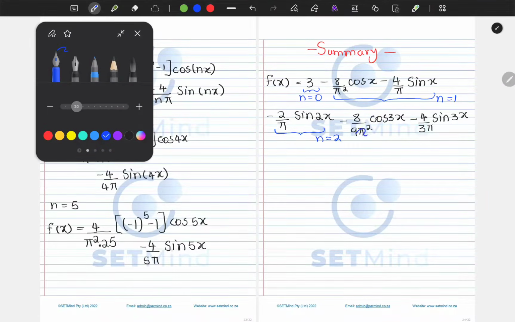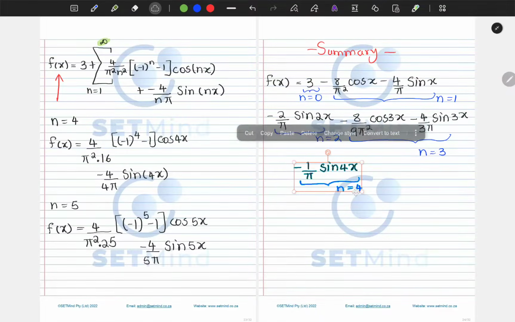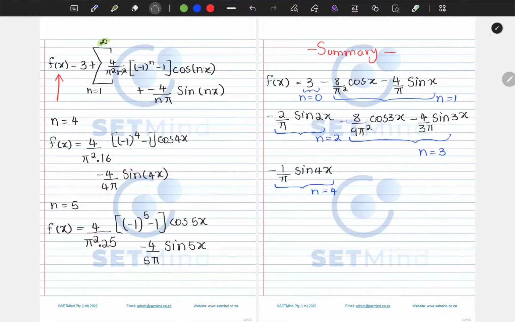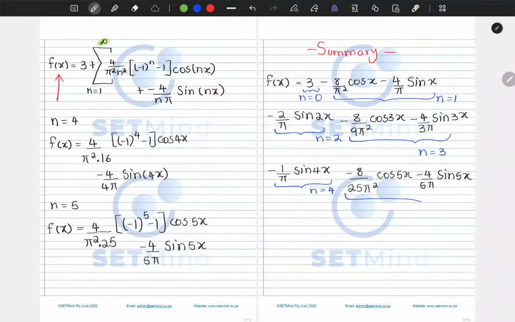And then this next term here is for n is 3. And then next is the term for n is 4. So it is still adding on this expression. And then lastly, we'll put in the term for n is 5. And that is the last term. And this we found by just doing n equals 5.